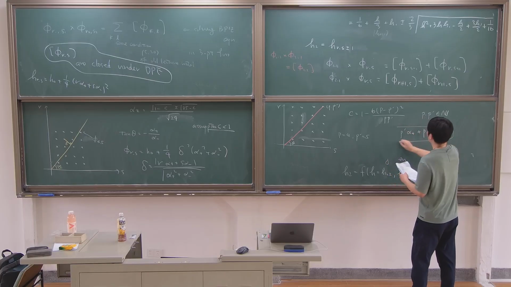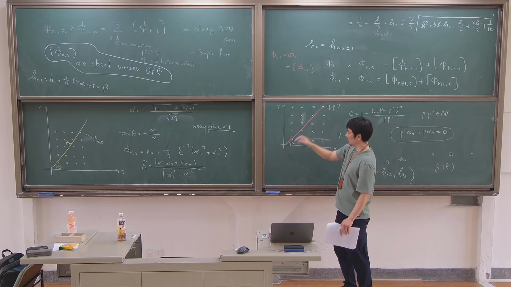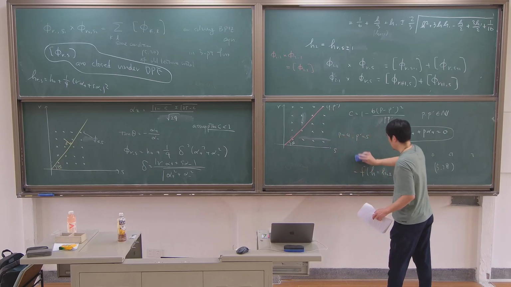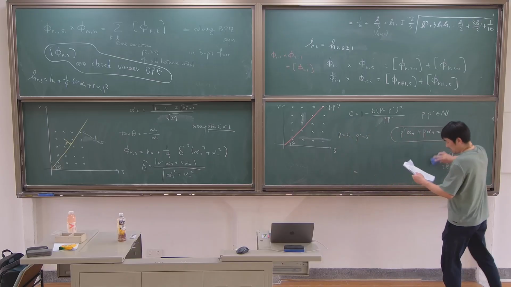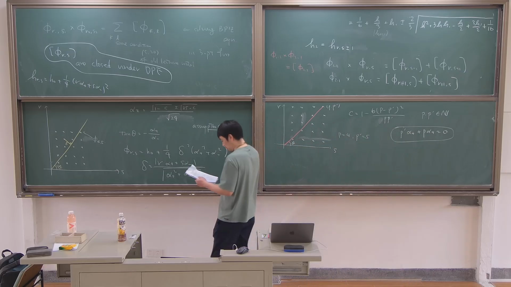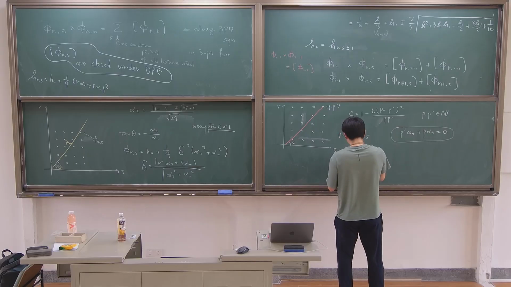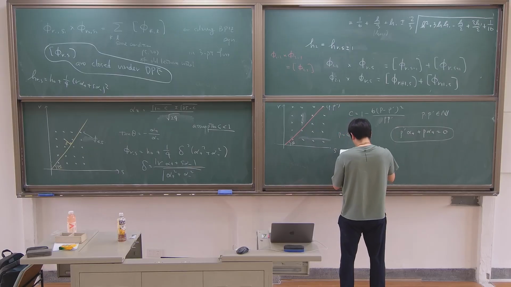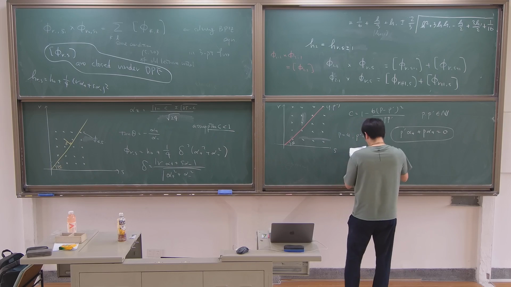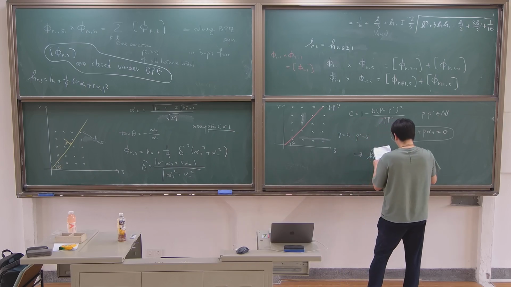So the line hits this lattice point. If this is the case, we have a magical property for the conformal weight: H_RS is equal to H_(R plus P, S plus P prime).